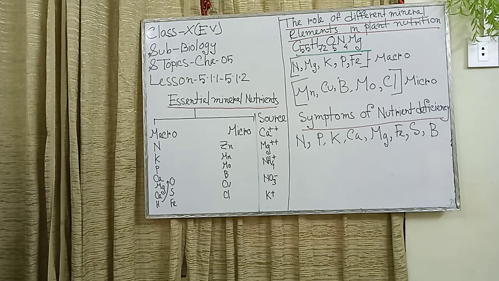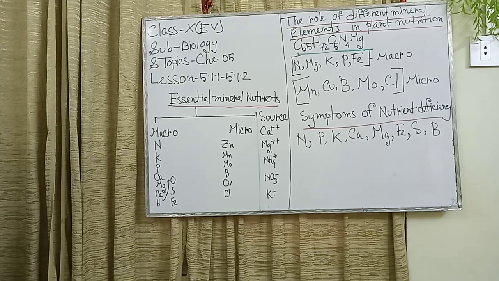Now listen, students, I have explained the role of different mineral elements in plant nutrition. It is also a very important topic. Please learn it carefully. Next topic is 5.1.2, symptoms of nutrient deficiency.